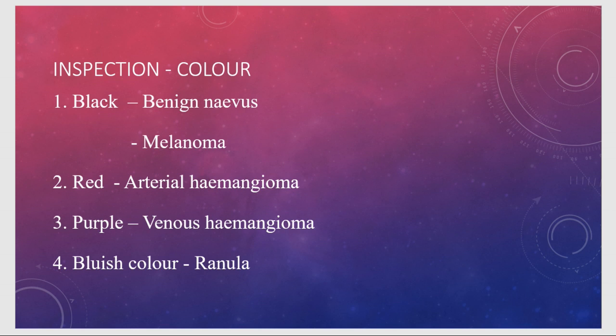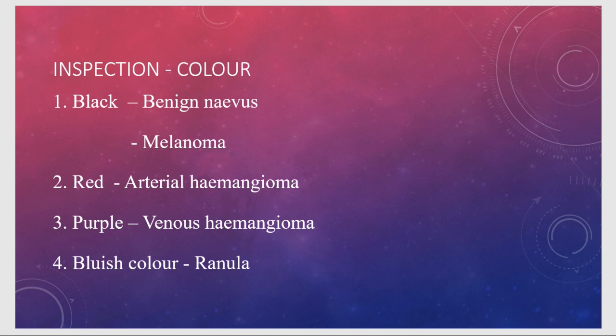On the same note, if the swelling is slightly purple in color, one of the differential diagnoses could be venous hemangioma. Hemangioma related to the venous channel, purple color, having slightly deoxygenated blood. That's why this color. Whereas red, the arterial hemangioma, oxygenated blood is there. So red color, arterial hemangioma; purple color, venous hemangioma.